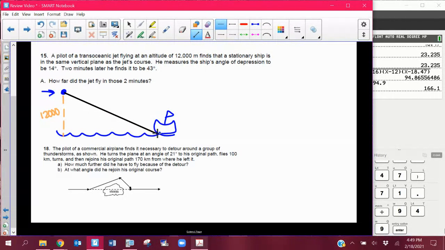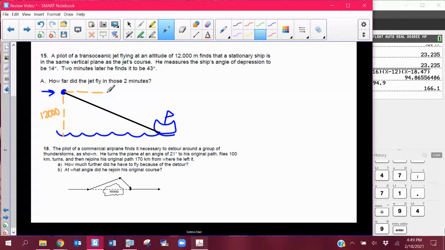Be careful when you're drawing an angle of depression for this particular picture. Remember, if I look down and see this ship, the angle of depression is always going to be measured with a horizontal line. And this is going to be the angle of depression right here. So this is that 14 degrees. Okay, 2 minutes later, he's going to keep flying.